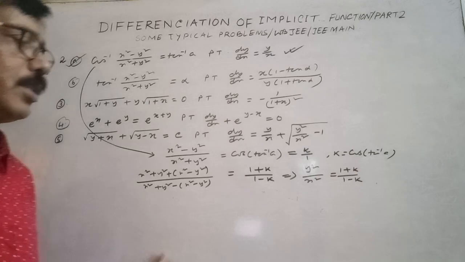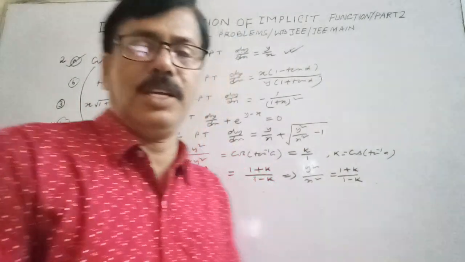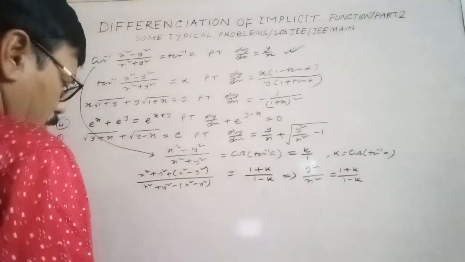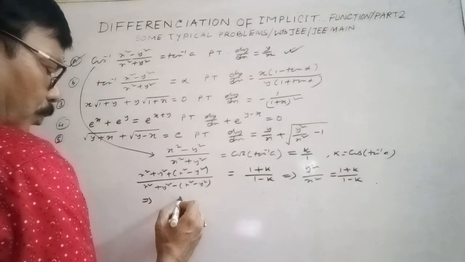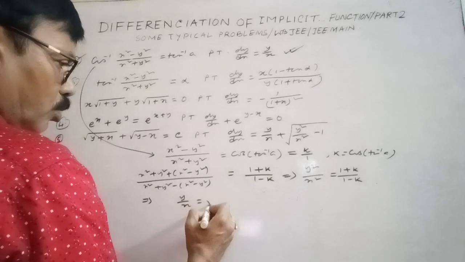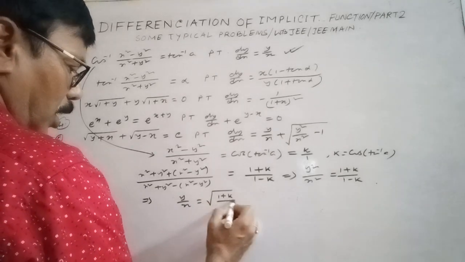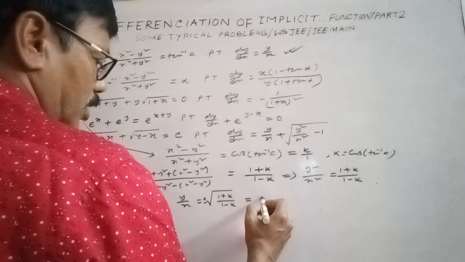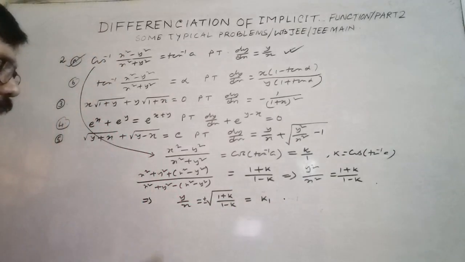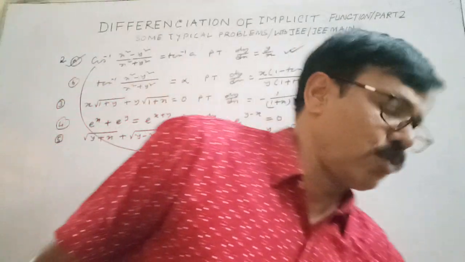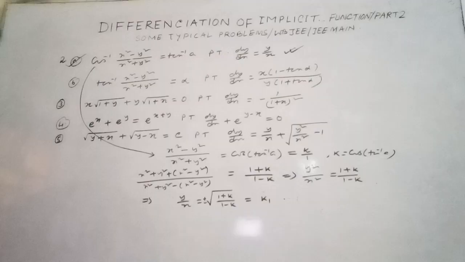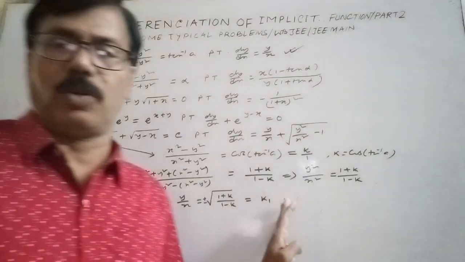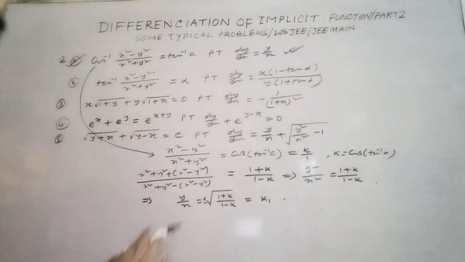Now since the result is independent of the constant, we can write y by x equals root over 1 plus k by 1 minus k, plus or minus. Suppose this one is k1. So we are getting a relation of this type. Since the final relation is independent of the constant, we differentiate it.